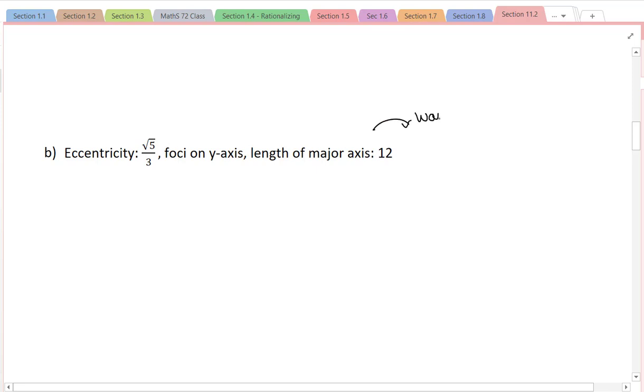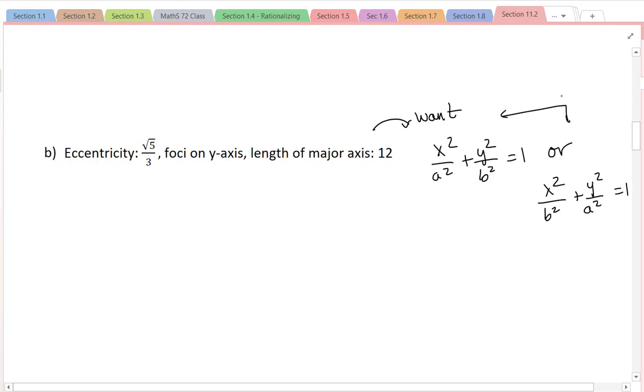So what we want is either x squared over a squared plus y squared over b squared equals 1, or the vertical one, x squared over b squared plus y squared over a squared equals 1, right? For both of these, remember that a is the larger one.